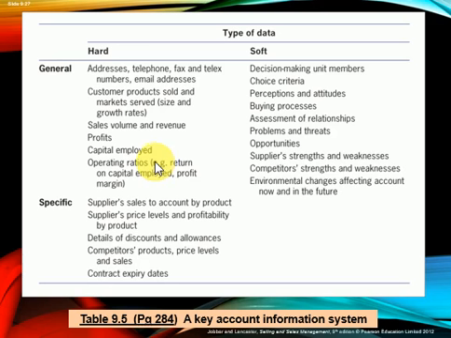And then there are obviously specific data as well that would include, among other things, detail of the discounts, your allowances, your competitors' products, price levels, sales levels, contract expiry dates, to name a few. But that diagram you'll find in your chapter 9, I think it's table 9.5.